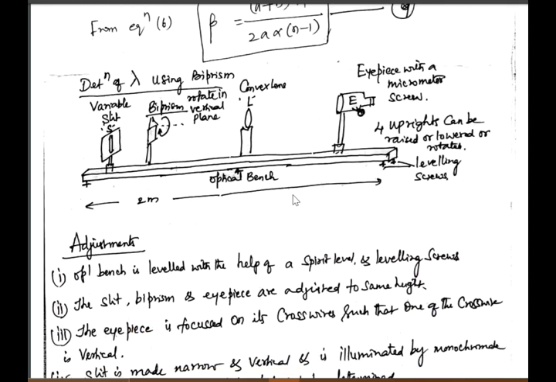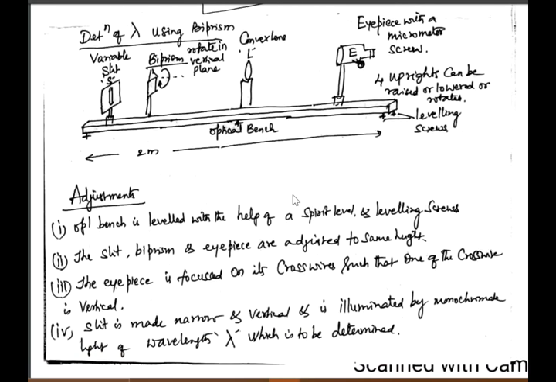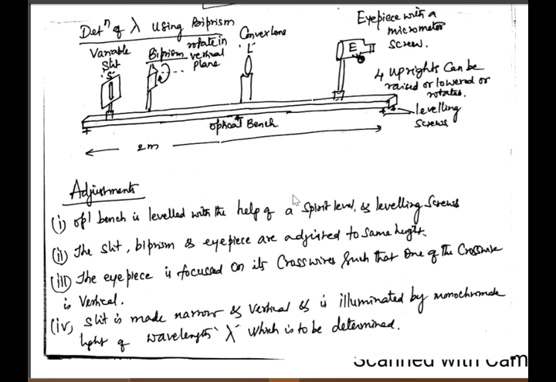Next, let us discuss the next heading, determination of wavelength of monochromatic light using biprism. Now look at this figure first. This is the optical bench. It's a flat metallic support with leveling screws at the bottom, and its length is about 2 meters, and there are mounts to keep the optical devices.